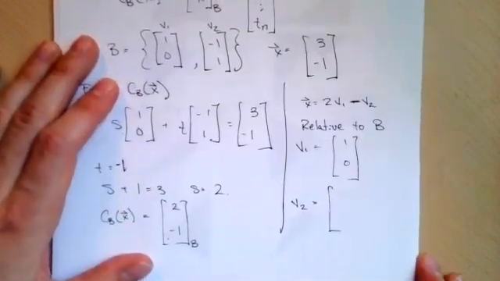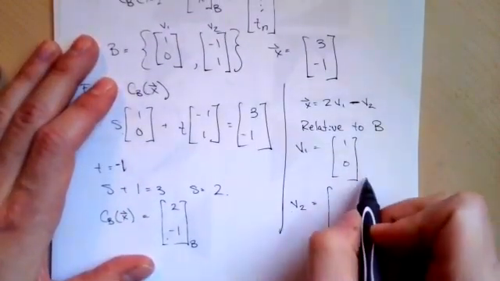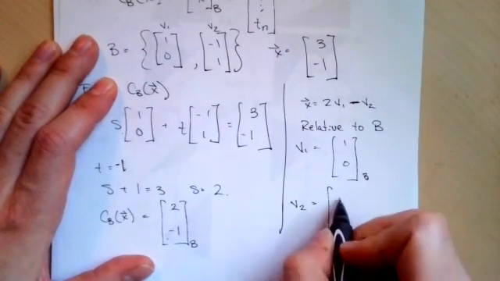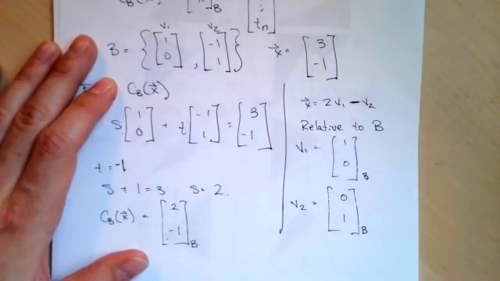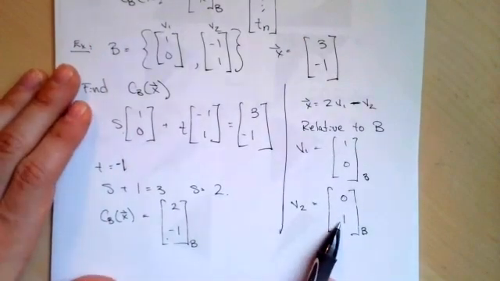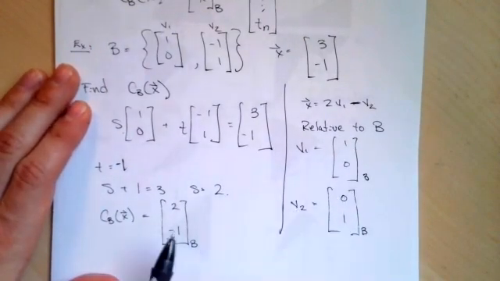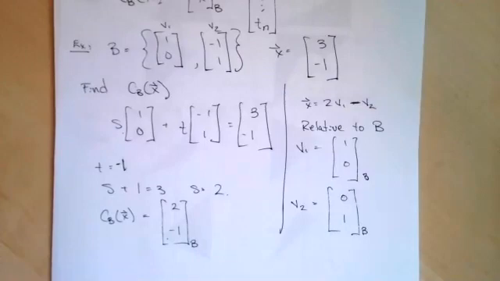The column vector associated to V2, relative to the same basis that V2 helps define, is 0, 1. It is the second basis element in that set. Does that make sense?